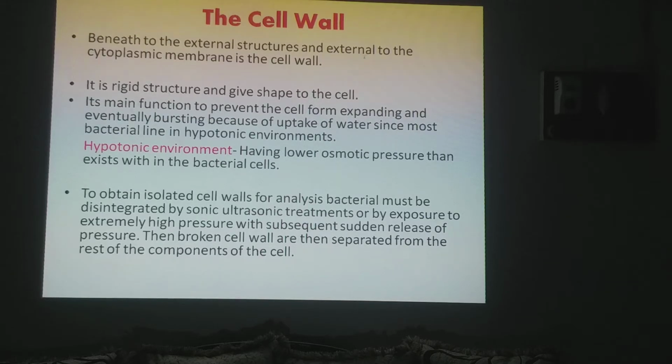To study the cell wall structure, we need to prepare a slide of the cell wall. In that case we rupture the cell by exposing it to extreme pressure, and then the pressure is immediately released, and because of that the cell bursts and the wall gets torn off.